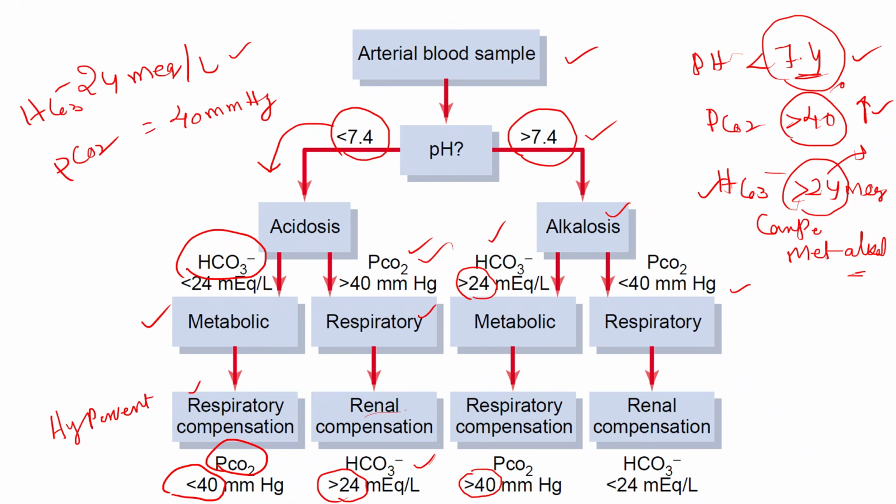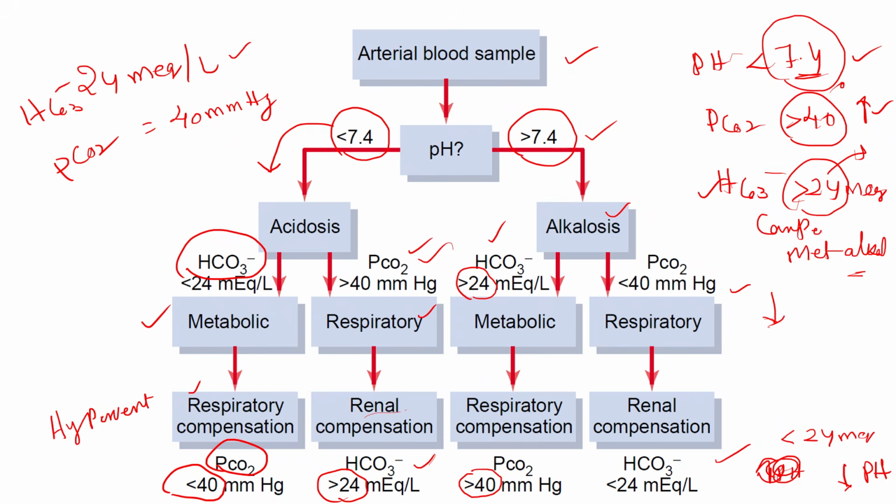And alkalosis, if it is due to CO2 fall, that is compensated by excretion of bicarbonate, so less than 24 milliequivalents. So we got bicarbonate reduced, so the increased pH is counter-corrected to decreased pH.